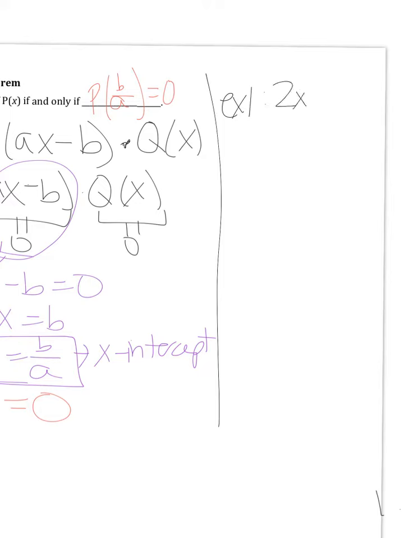We have 2x cubed minus x squared minus x minus 3, and I want to factor it. Now there's kind of a second part to this theorem that we're going to write down here.